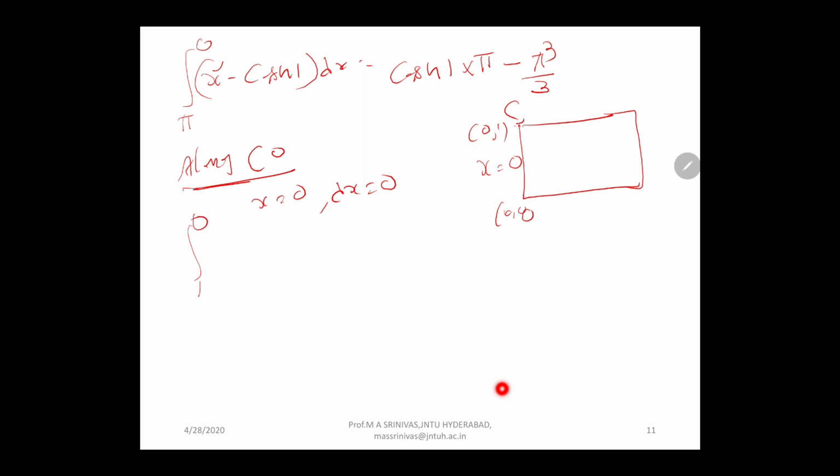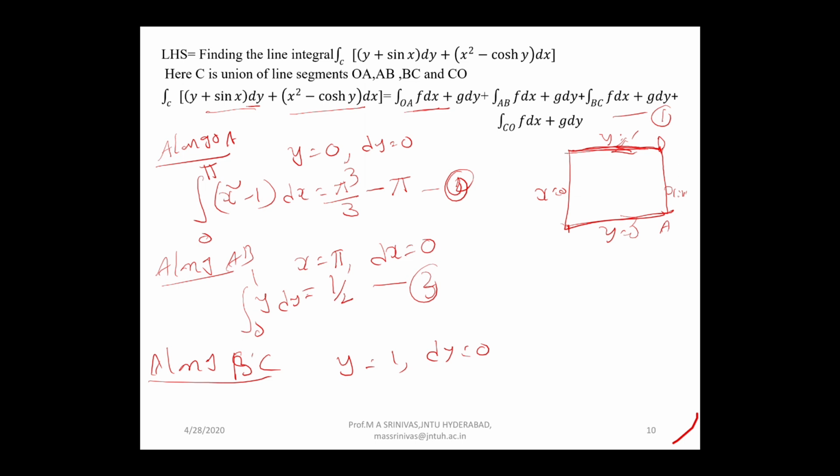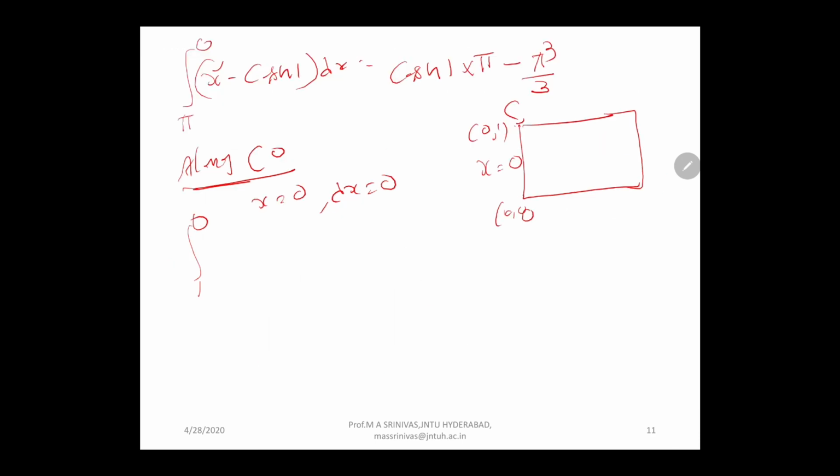Let us see the integrand. Here along this dx is 0, so this goes out, and here x is 0, sine 0 is 0, and only y will be there. Y dy, y varies from 1 to 0. If I interchange the limits to 0 to 1, I'll have minus y square by 2, minus 1 by 2.